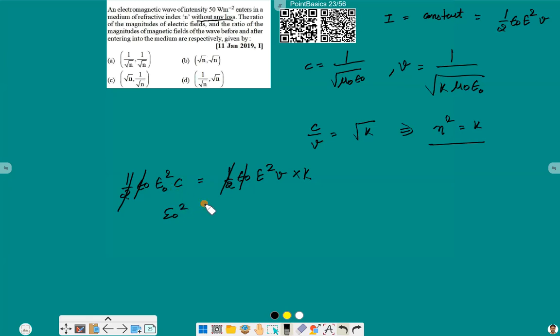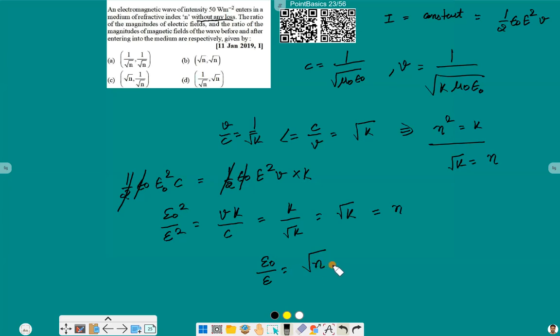So E naught squared by E squared is equal to V K by C. Now V by C is equal to, from this one we can write that V by C is equal to 1 by under root of K. So this can be written as K by under root of K, and this will be under root of K, and from this, under root of K is equal to N. So under root of K is equal to N, and further E naught by E will be equal to root N. Now first we have to find out the ratio of magnitude of electric fields.